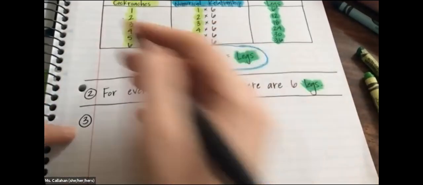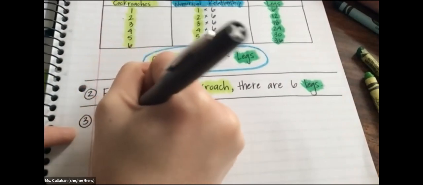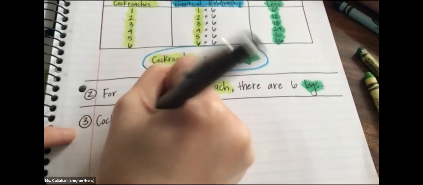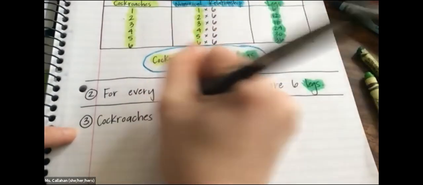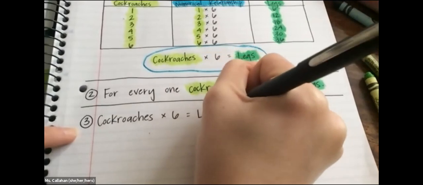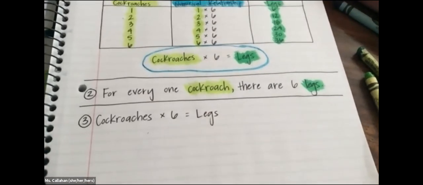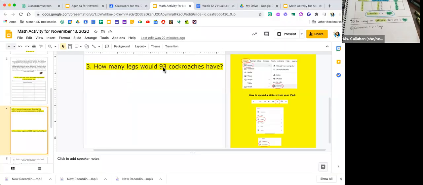We're going to need to copy down our rule, right? Which is cockroaches times 6 equals legs, right? And like I said, if we look back, we see that we are given the information that there are 93 cockroaches.